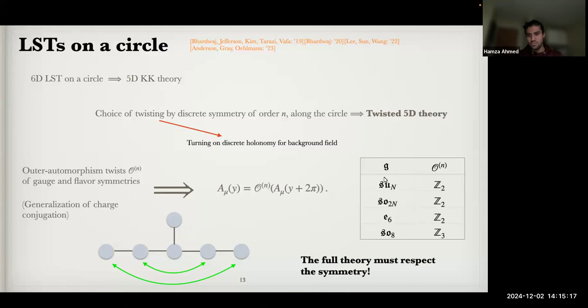However, this is not the complete story, because naively you may think that if you have a bunch of gauge algebras, the full automorphism is just the product of their automorphism symmetries. However, in our 6D theories, in addition to just the gauge algebras or the vector multiplets, we have stuff that's charged under them, which must also respect the symmetry action.